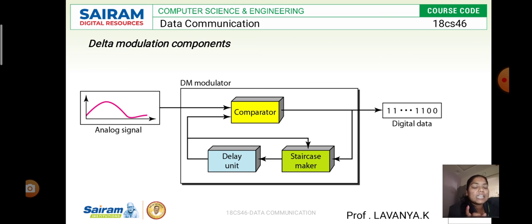The analog signal is the input signal, and we compare it with the digital signal. If it is 0 it is low, and if it is 1 it is high, a positive signal. We compare each and every signal like that. This is what the comparator does.